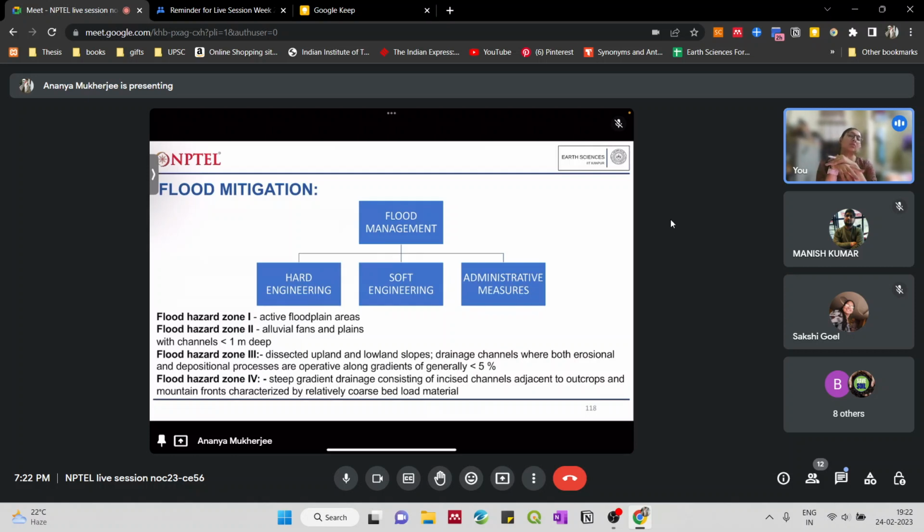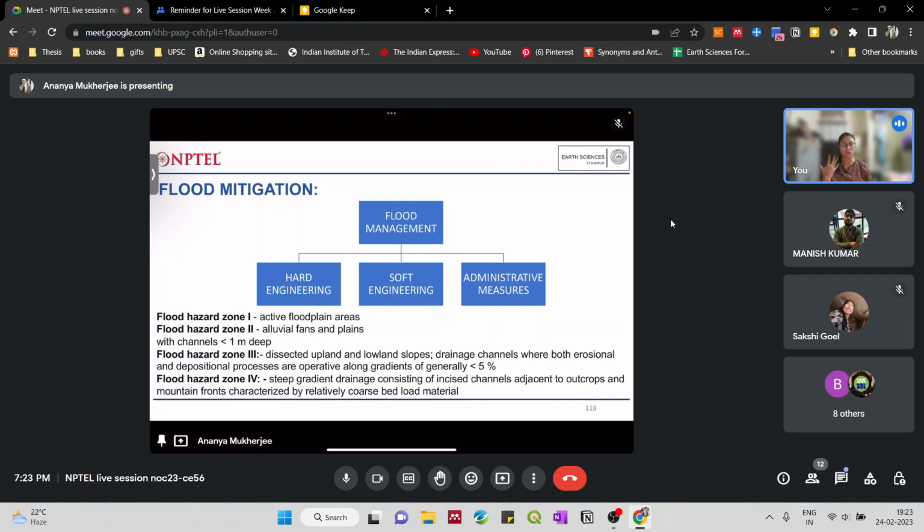Because now the significance of life and property is more. We don't want loss of property, we don't want loss of life. So it's important for us to find ways to mitigate the risks that happen due to flooding. Okay, so the first way of flood management is to delineate the flood hazard zones.